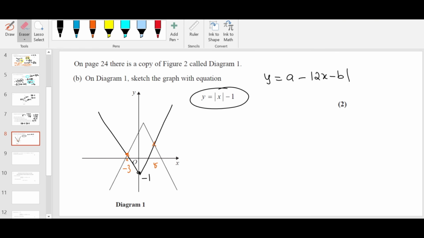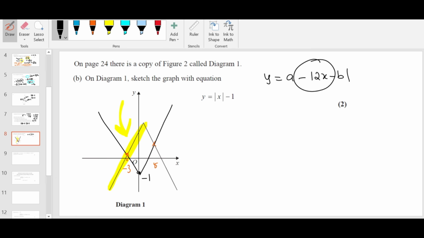Now instead of just blindly taking the positive argument and negative argument and equating them, you have to look at the graph. First, for the modulus graph, this is the positive arm. What does that mean? The line with the positive slope. So you need to take the slope as positive.